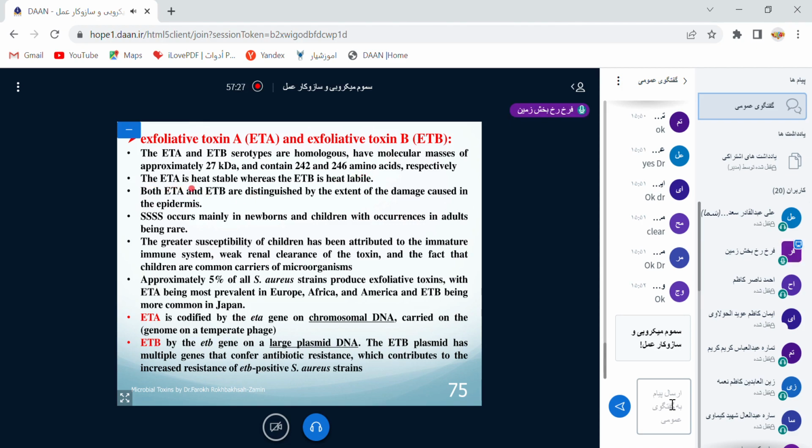ETA is heat stable, heat resistant, whereas ETB is heat labile or heat sensitive. Both of them are distinguished by the extent of damage caused in the epidermis. Both are the same infection, but one is milder and the other is severe. SSSS occurs mainly in newborns and children, with outbreaks in adults being rare.